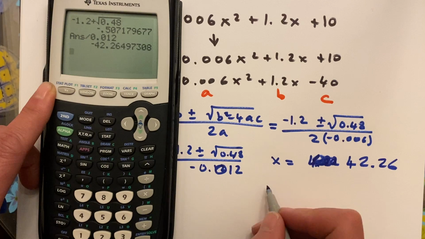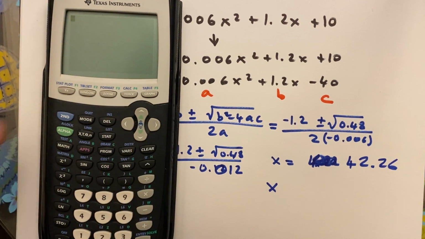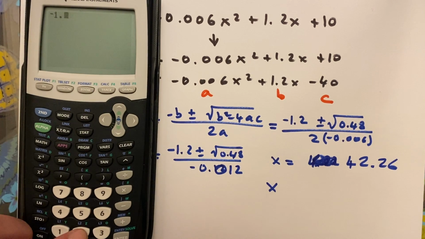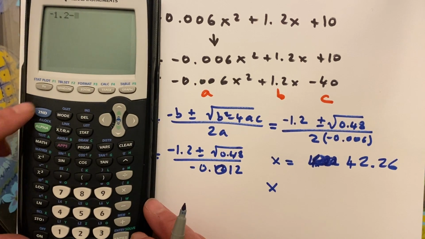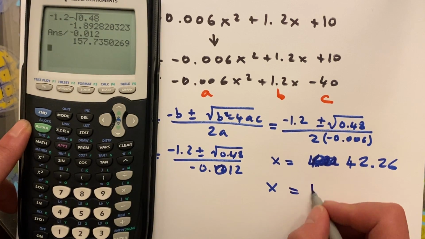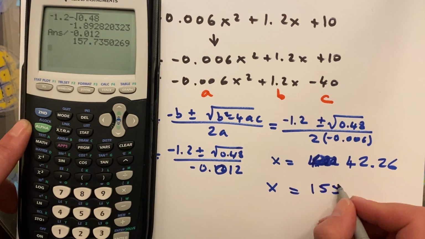And it should be a positive 42.26. All right, I'm going to do this whole thing with minus. So again, negative 1.2 minus this time the square root of 0.48. And I'm going to divide that by negative 0.012. And I'm going to get x equals 157.7.